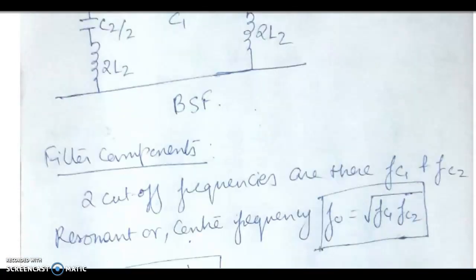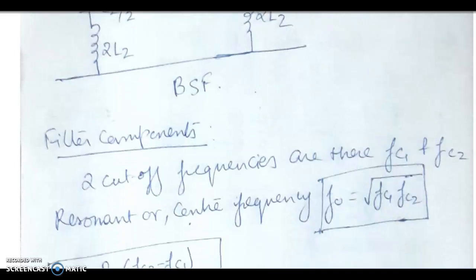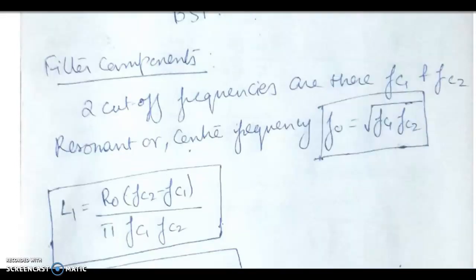Now suppose we have to design a filter, that means we have to find out the filter components. So two cutoff frequencies are there, that means the center frequency or resonant frequency F0 is given by square root of Fc1 Fc2. Now using the same formula of cutoff frequency, that is Z1 plus 4Z2 is equal to 0, we can obtain the values of L1, L2, C1 and C2.